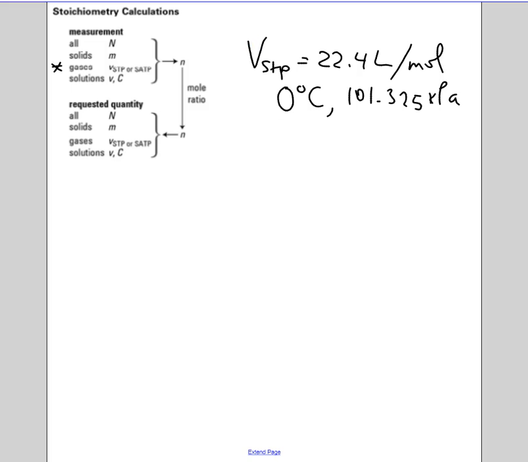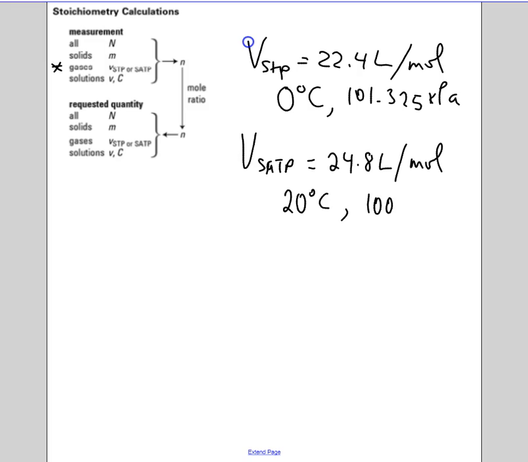We have at standard ambient temperature and pressure 24.8 liters of gas for every mole of gas, and that's under 20 degrees Celsius and 100 kilopascals of pressure. We have relationships between, of course, mass and moles, which we've used previously. We also have relationships between number of particles and number of moles.